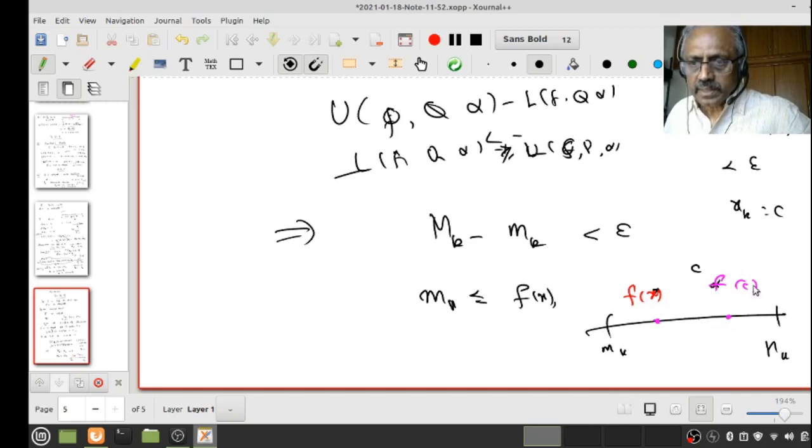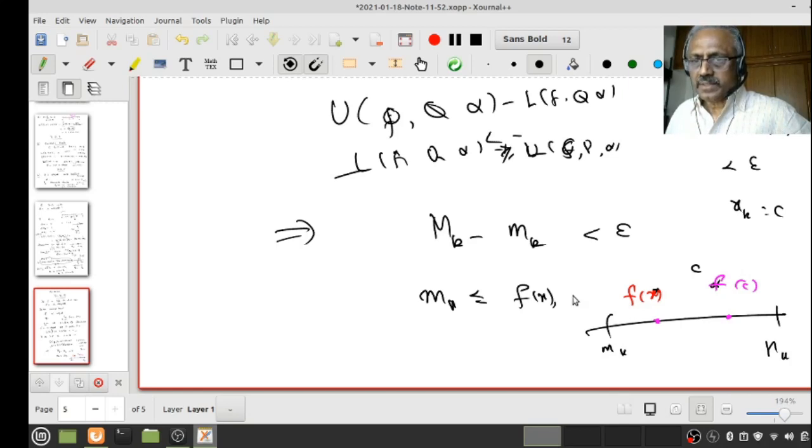You understand that? Therefore what is the distance between them? The distance is at most the distance between capital Mk and small mk, right? That is less than epsilon.